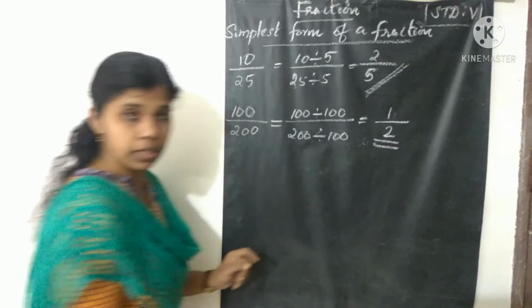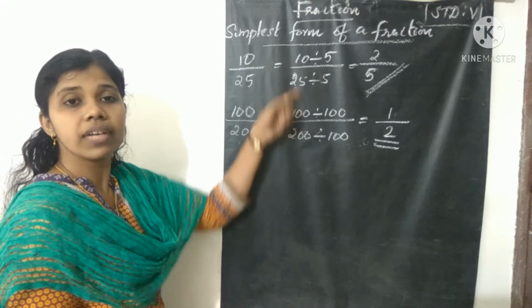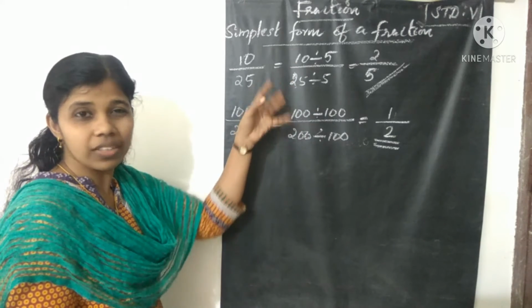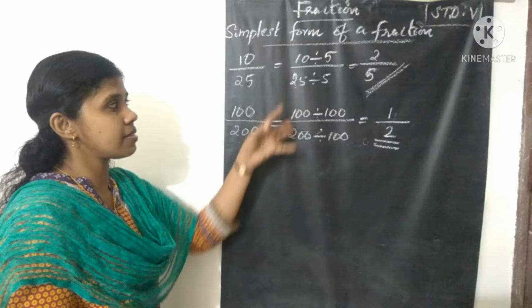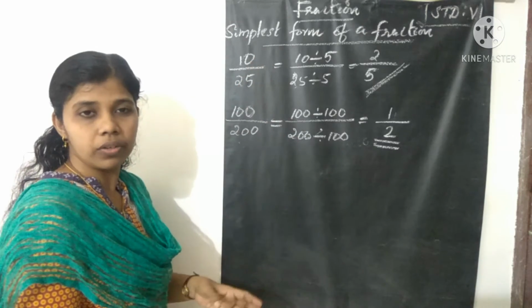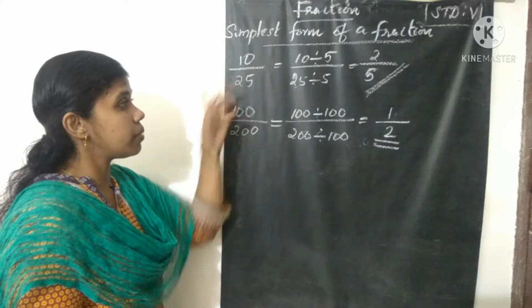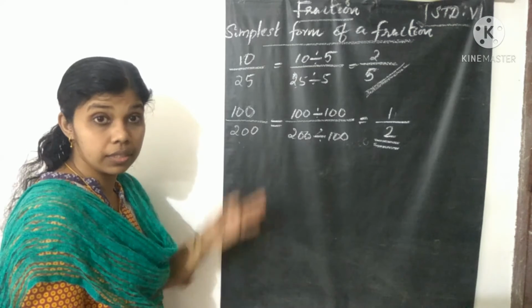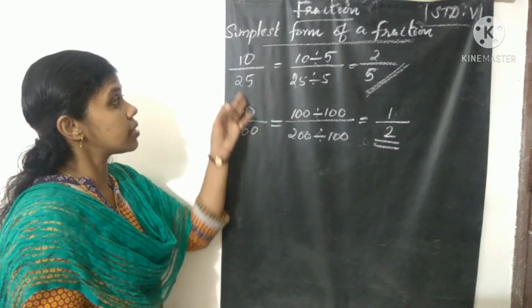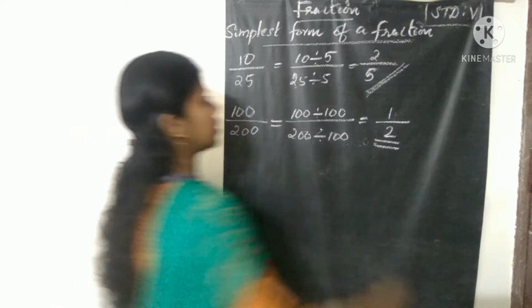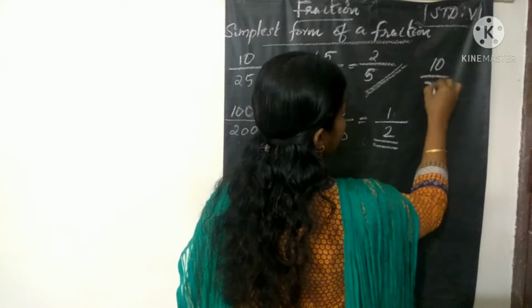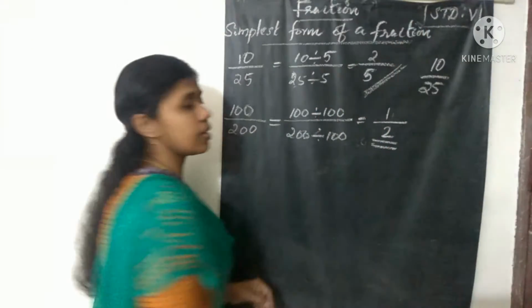This is the common step for division, that is division or using what? Cancellation of the numerator and denominator. And a simple method for finding the simplest form of the given fraction is this. 10 by 25. Here use cancellation method.